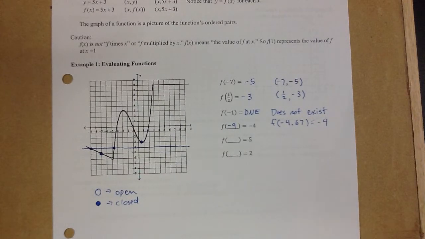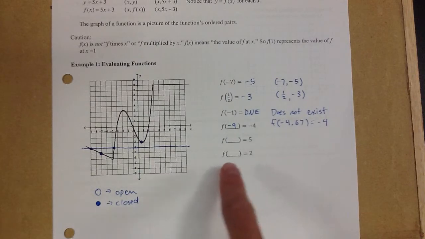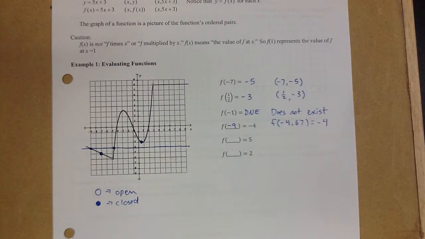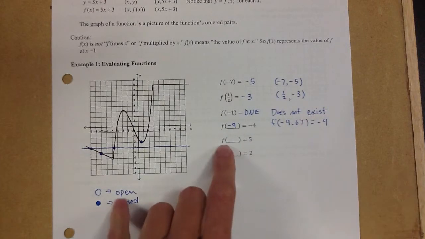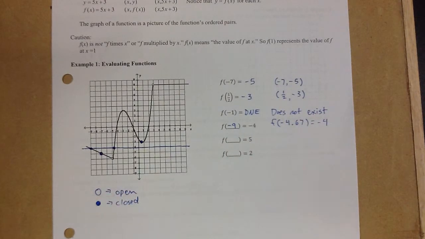I'm not going to write down -4 and 2/3 because we're not going to use mixed fractions in here. Okay? Not going to happen. And that's because you can't graph a slope of 4 and 2/3. You would have to graph 14/3. Okay? Next one here, f of what is 5?